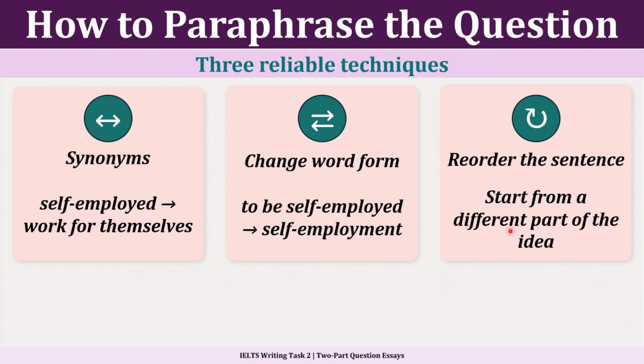Start from a different part of the idea so that your sentence structure isn't identical to the original. One word of caution. Don't force a synonym if it sounds unnatural. It's perfectly acceptable to repeat an important word or phrase if the alternative sounds strange. The goal is to use a natural combination of these techniques rather than trying to change every single word.